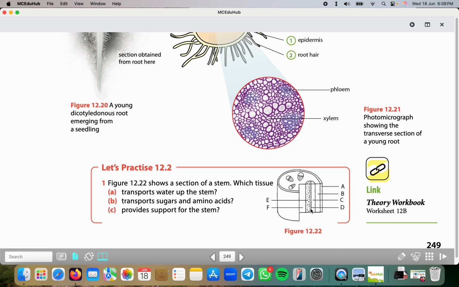The phloem is on the outer surface, and that will be our C. Which tissue provides mechanical support for the stem? Again, that will be our xylem, on the inner one, which is E. Then what about the rest? D will be the cambium, then A would be the epidermal tissue.